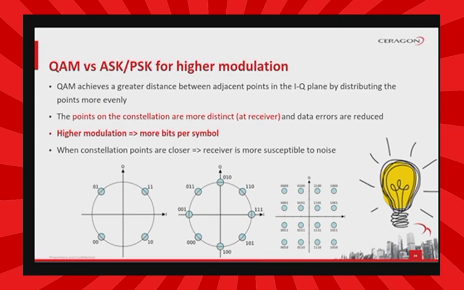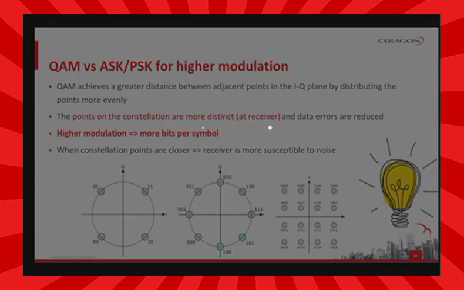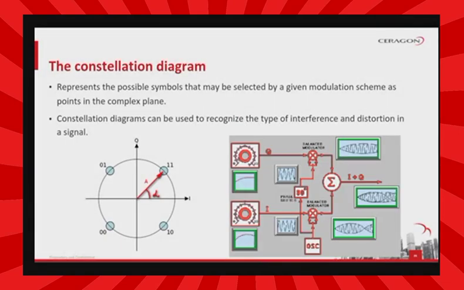With the lower modulations, the points on the constellation are more distinct at the receiver, and data errors are reduced. With the higher modulation we have more bits per symbol, but the constellation points are closer, therefore the receiver is more susceptible to noise.